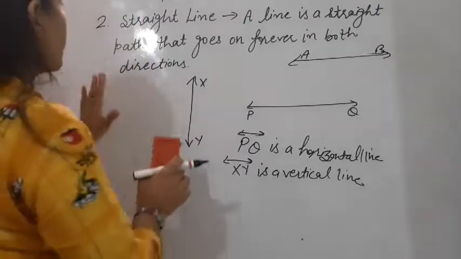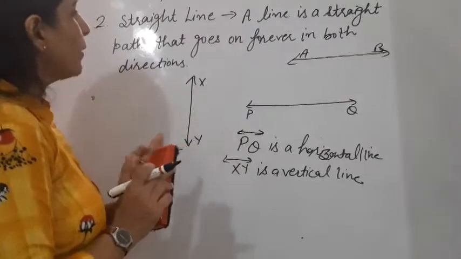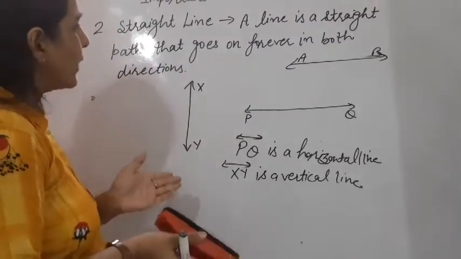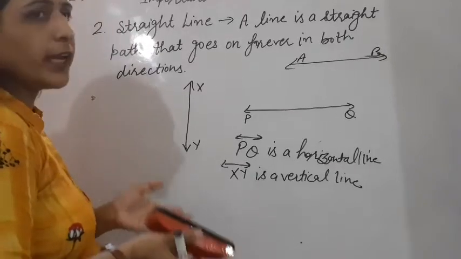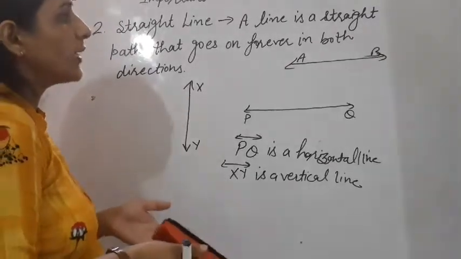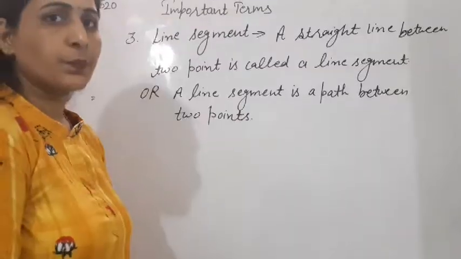So this is all about your line. A line has no end point. It is moving in both directions. We cannot measure it.